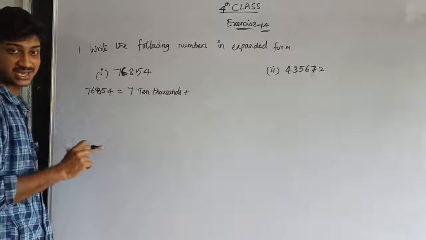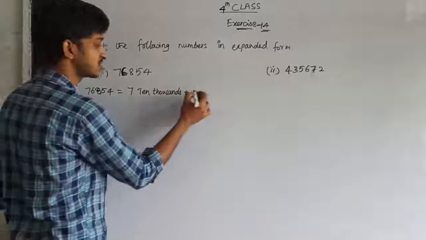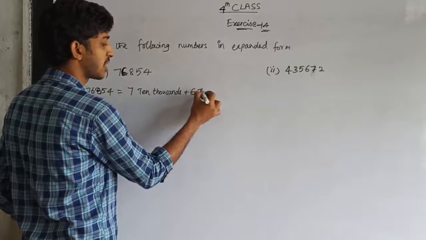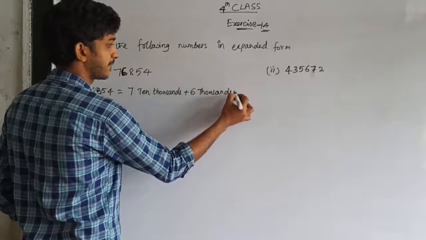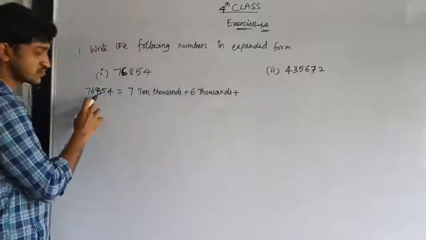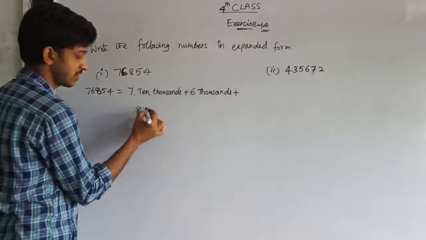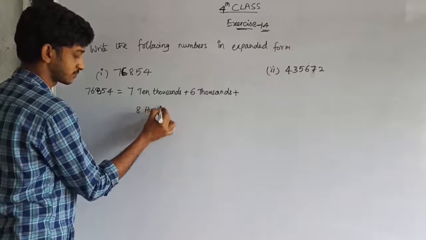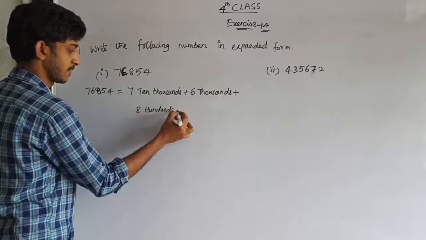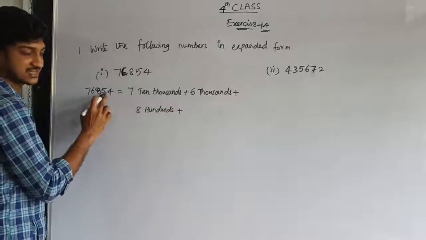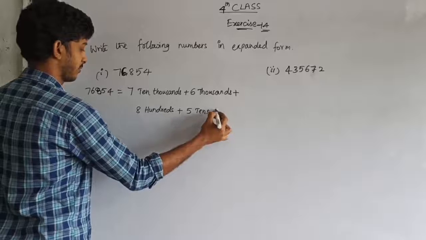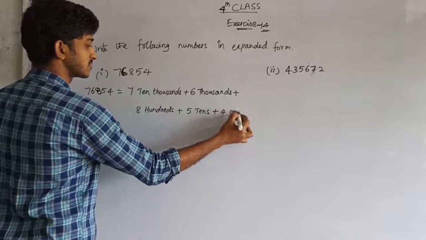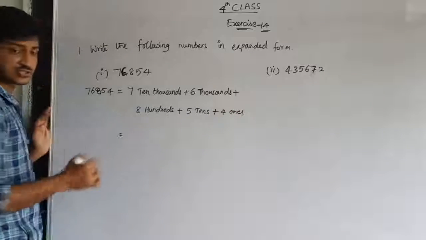So 6 is in the thousands place, so we have 6,000s. Plus how many hundreds? 800s. Plus how many tens? 5 tens. Plus 4 ones.